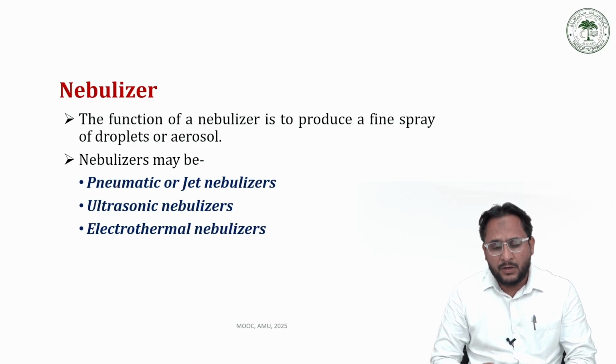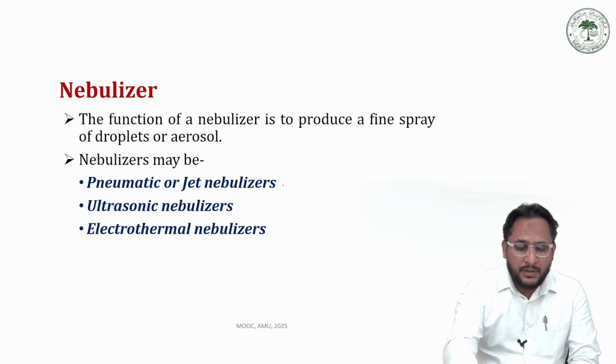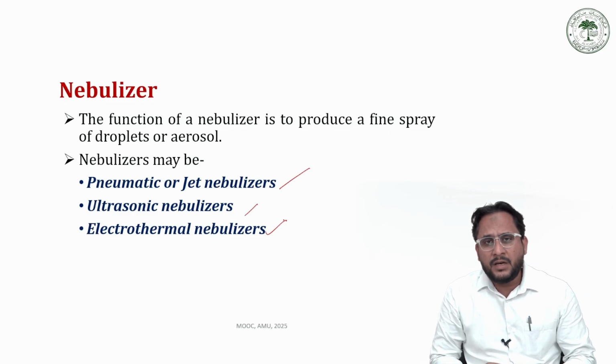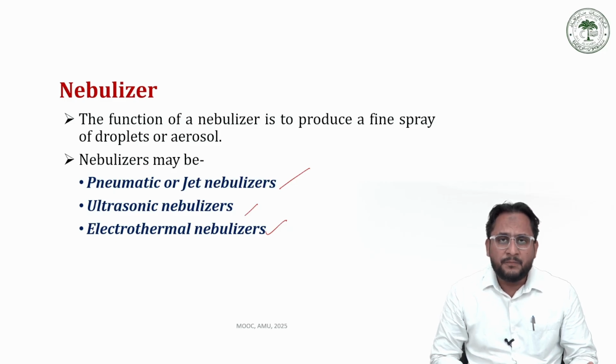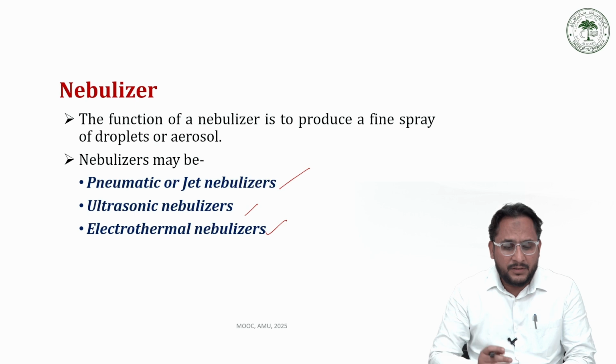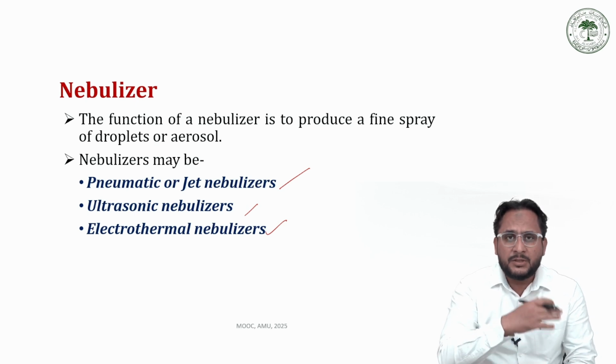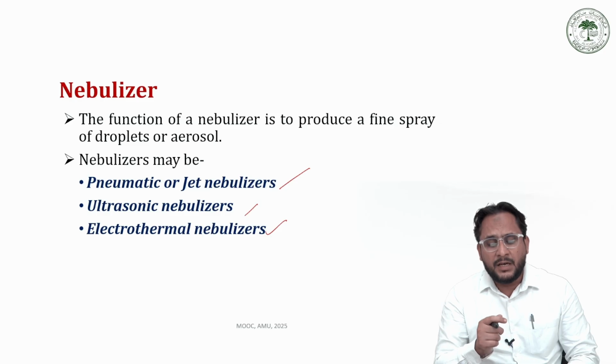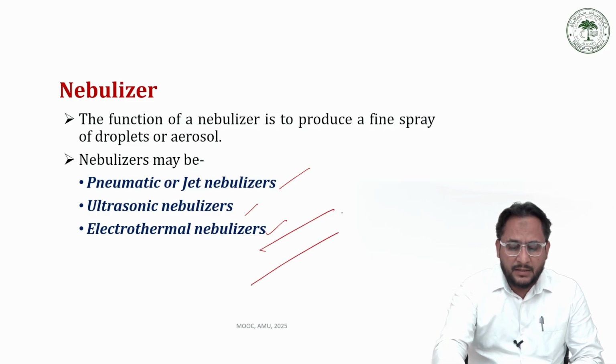into an aerosol. Now there are three types of nebulizers which are quite common in AES. Some of these nebulizers can also be used with atomic absorption spectroscopy. For example, the nebulizer that I explained in AAS was based on the pressure difference. There is a tube and then there is a small opening.